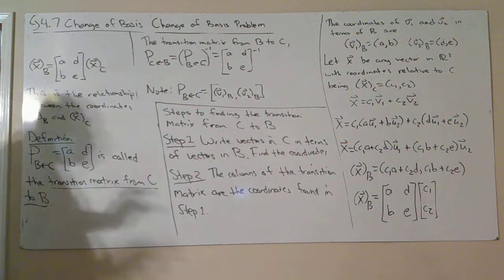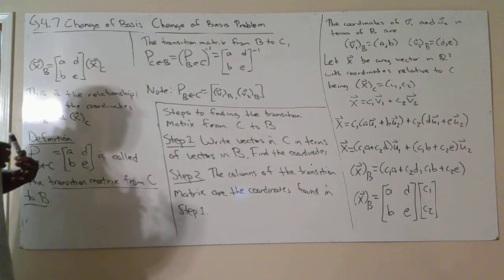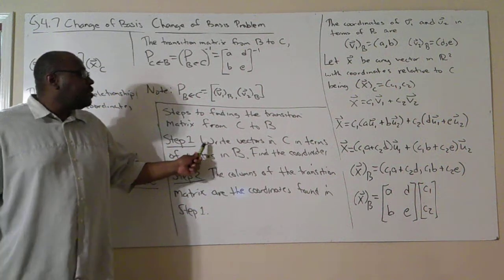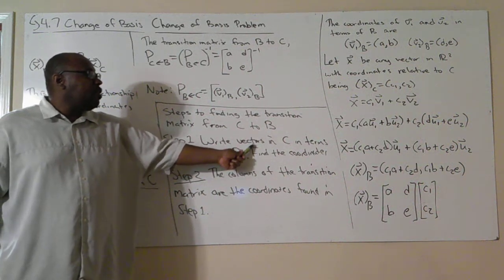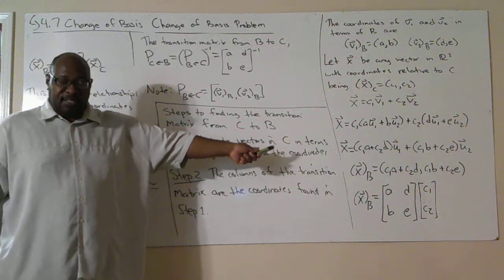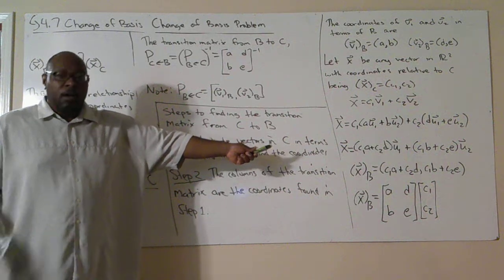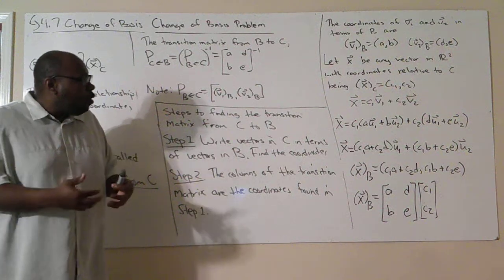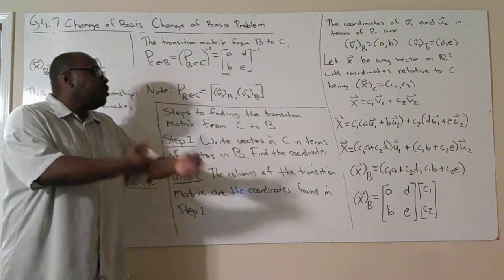Now, let's not get too hung up on basis C and B. What we're essentially saying is, write the vectors in our old coordinate system in terms of the vectors in the new coordinate system. That's what we want to do. You might know the vectors in the old coordinate system, and you want to write those vectors in terms of the new coordinate system.